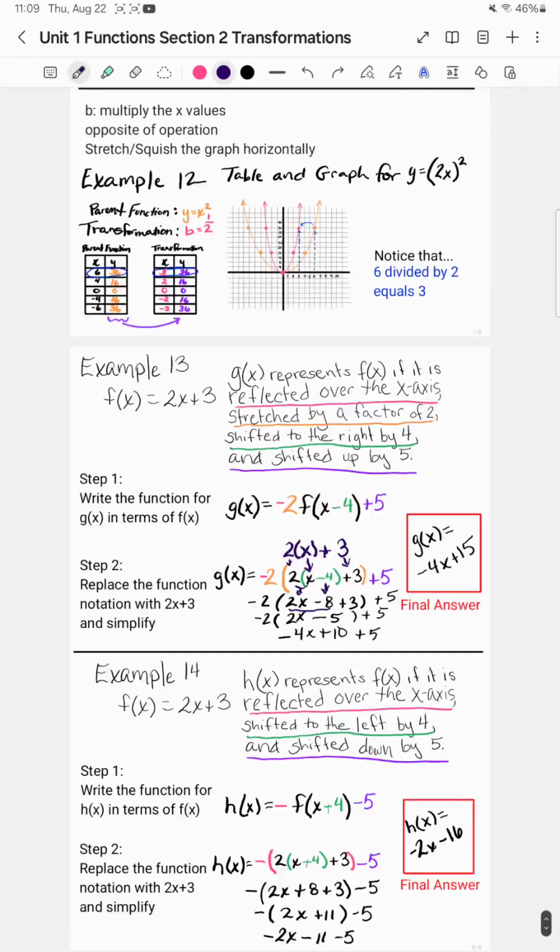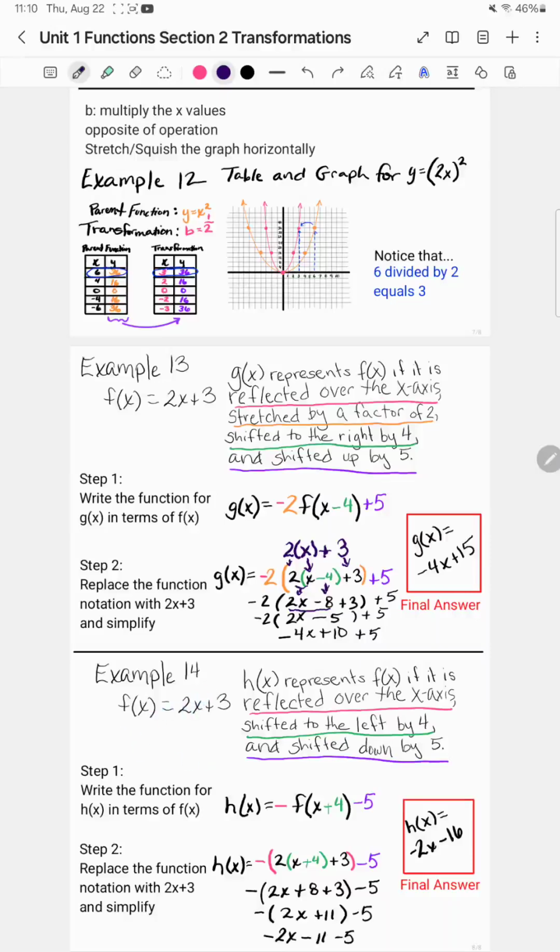Example 14 is just another example to reference for the way that this whole process works, just so you can see what happens if you don't have a number mentioned for A, just so you can see why the negative still works.